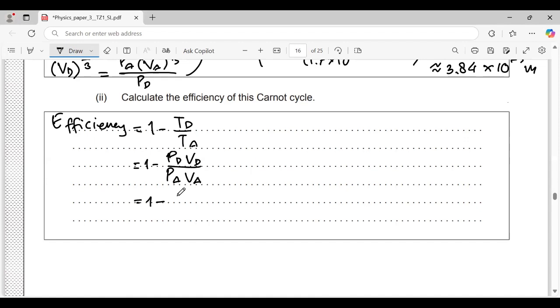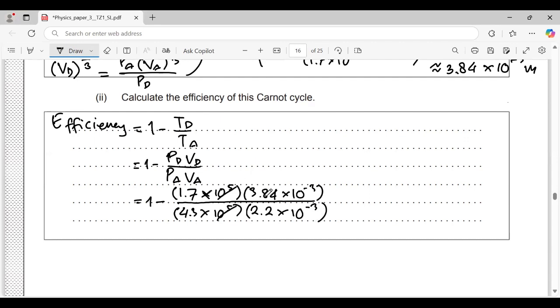So 1 minus 1.7 times 10 to the power 5 times 3.84 times 10 to the power minus 3, over PA 4.3 times 10 to the power 5 and VA 2.2 times 10 to the power minus 3. If you calculate, the result is 1 minus 0.69, which is 0.31, or in percentage, 0.31 times 100% equals 31%.